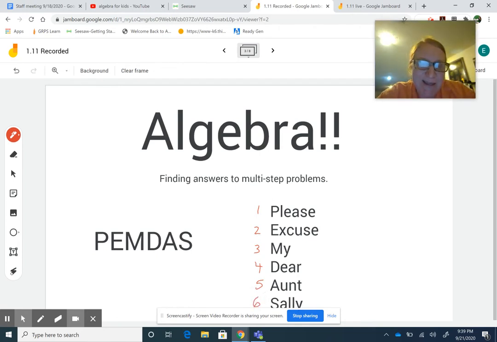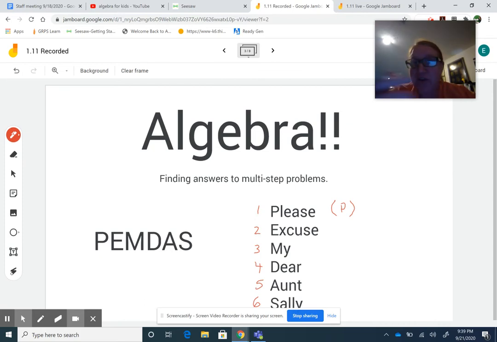Now take a second and think about it. PEMDAS. What are some operations that start with those same letters? Well, please, we're always going to start with parentheses if they're there. Parentheses, I'm going to show like this with a P in the middle.